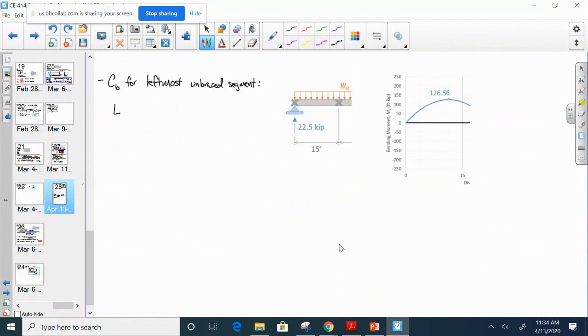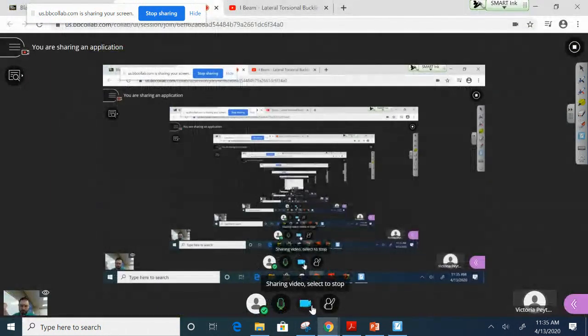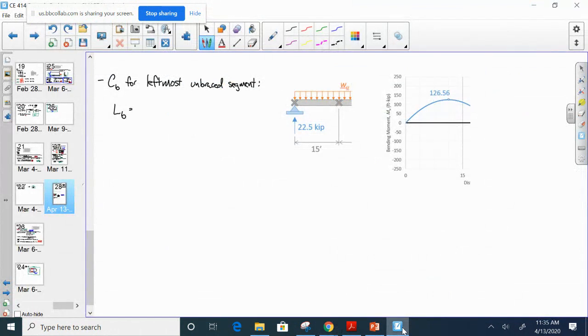Now let's be clear. What is LB for this leftmost segment? I want chat to tell me what's LB. I promise it's not a trick question.